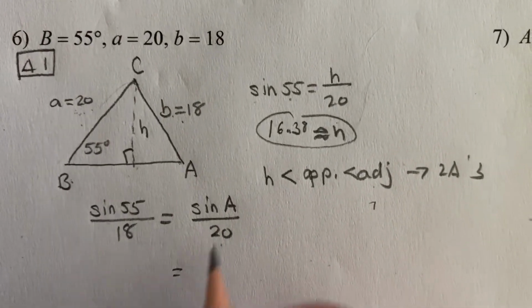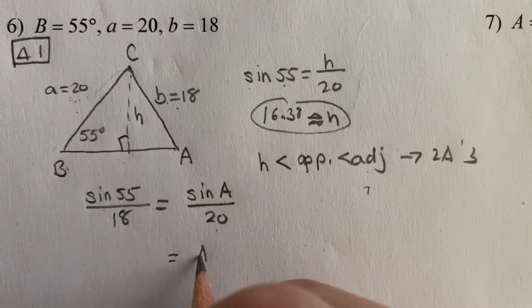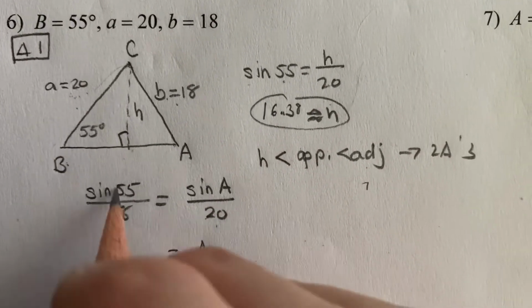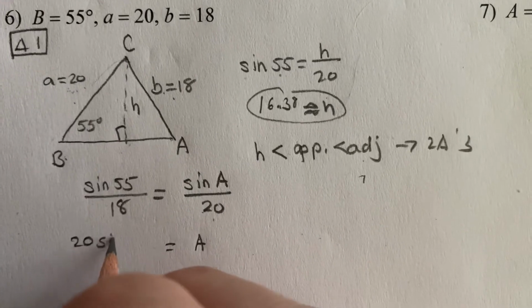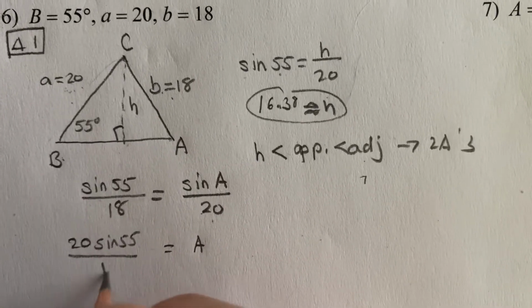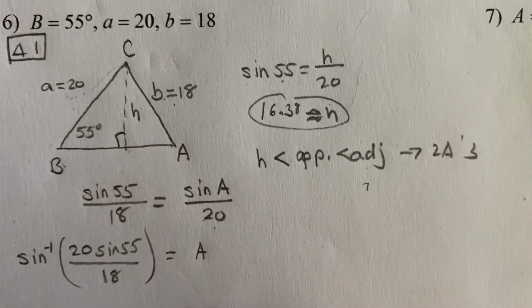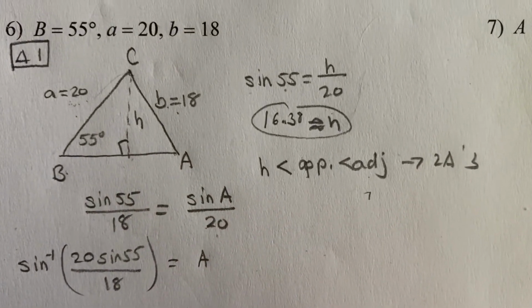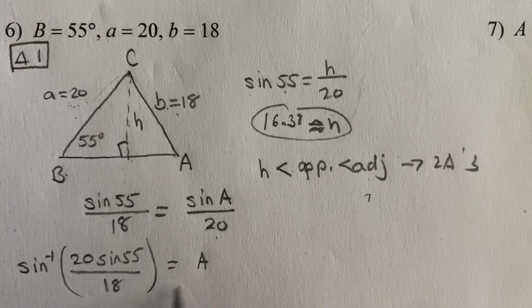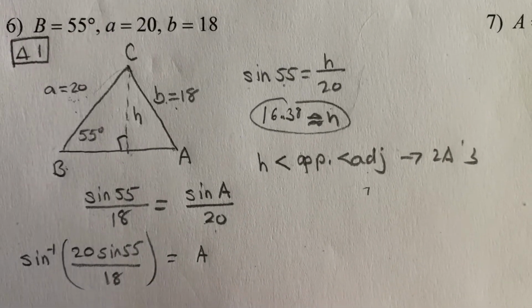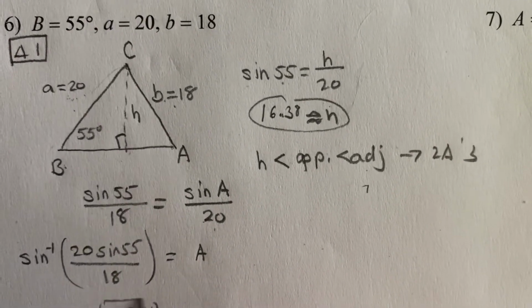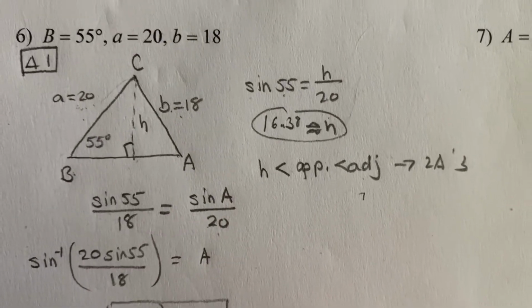Again, to solve for angle A, you take the sine inverse of 20 sine 55 over 18 using a calculator. Based on this problem, if you use your calculator, you should get about 65.5 degrees.